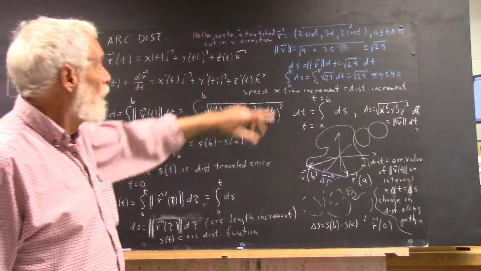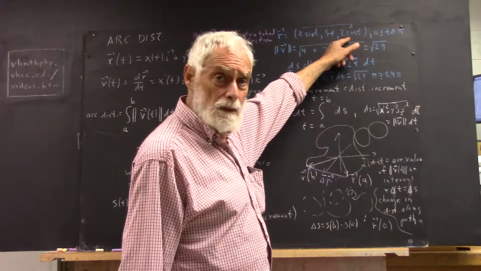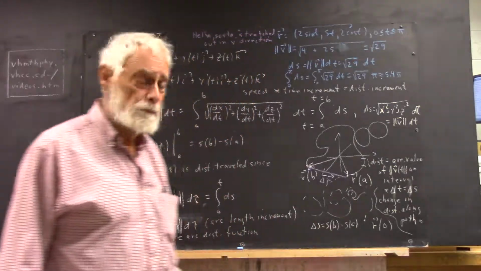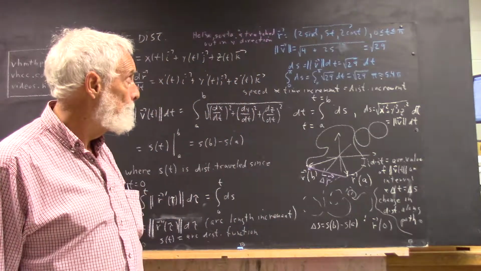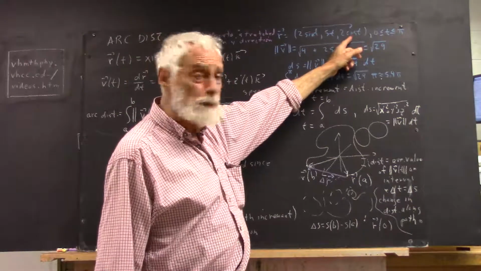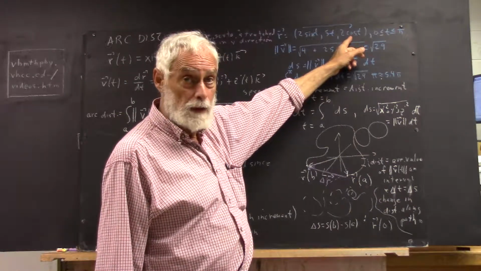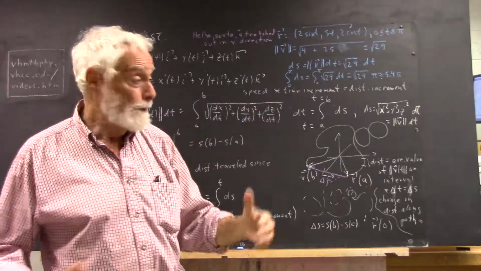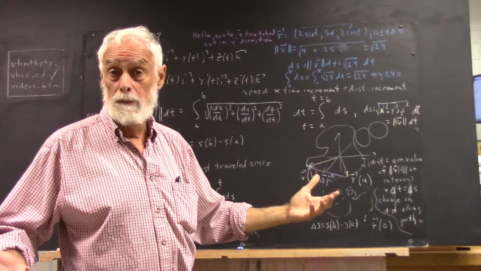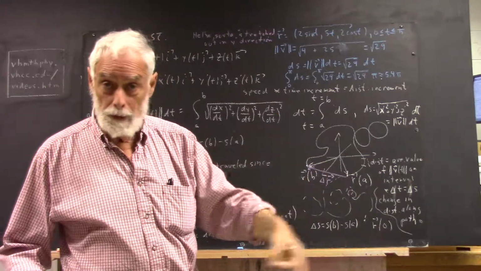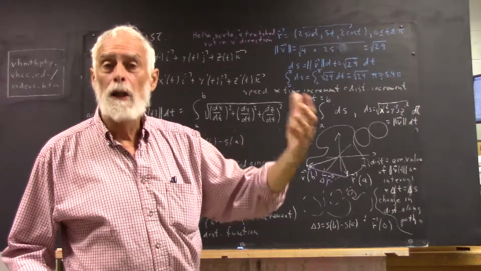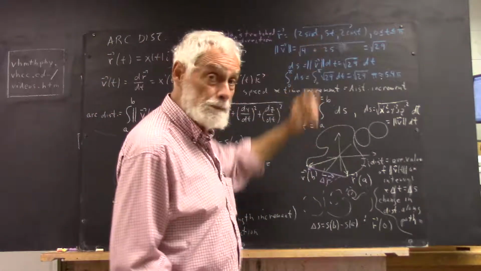Okay, so what kind of a shape is this? Well, in the XZ plane, you can verify very easily because we've done a number of them. This is just a circle of radius 2 that completes the circle every 2 pi units of t.